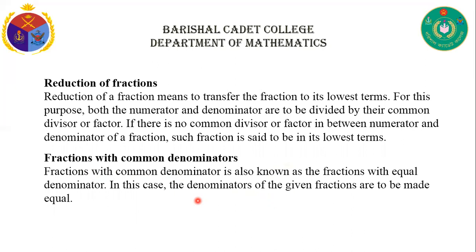For 3 by 4 the denominator is 4, for 1 by 2 the denominator is 2. But if we multiply the second fraction 1 by 2, then we get 2 by 4. So 3 by 4 and 2 by 4, the two fractions have the same denominator 4. Okay, boys, that is fractions with common denominator, meaning the same denominator.